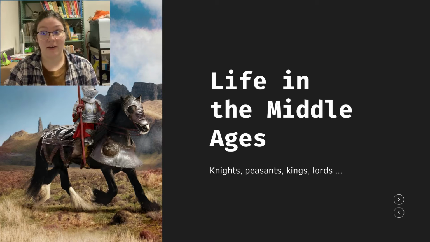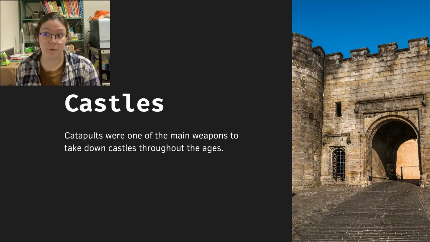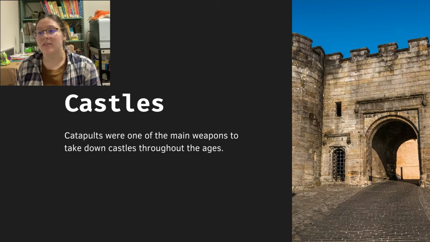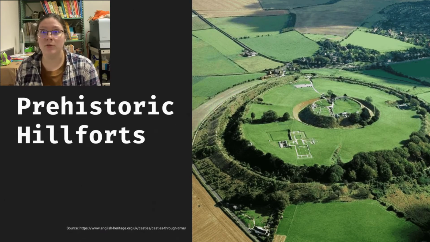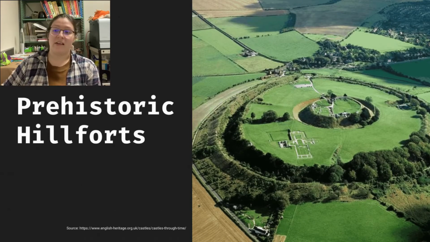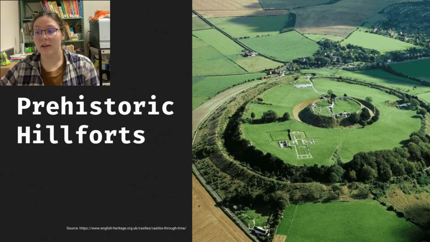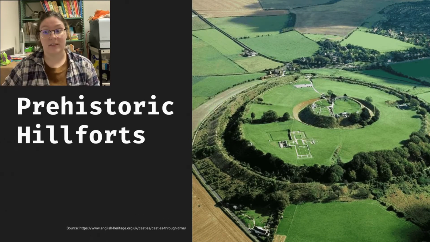Over that 1,000 years of the Middle Ages and even long before that, castles have undergone quite a few changes. They started with very simple buildings on hills that provided protection, and they eventually became the huge fancy palaces that we think of today. These earliest castles were hill forts, pictured here, where the landscape was used to the holder's advantage to protect them.